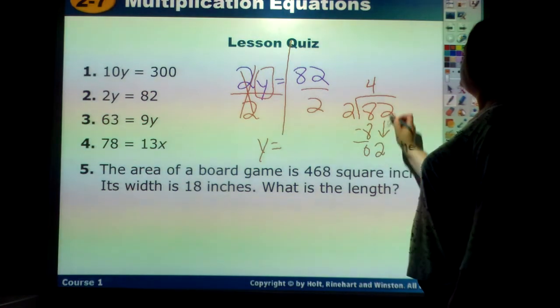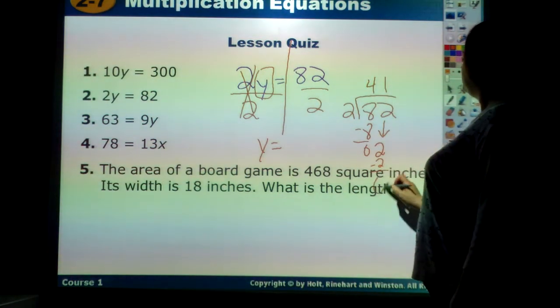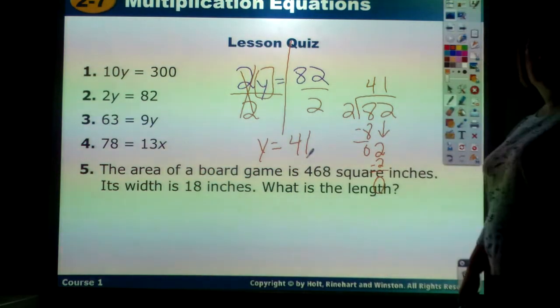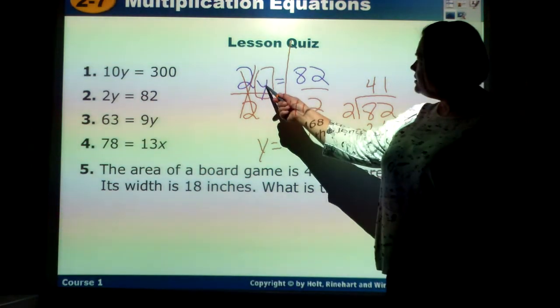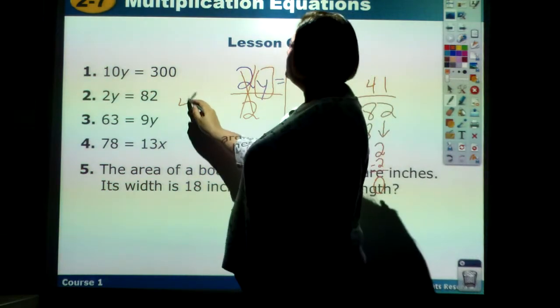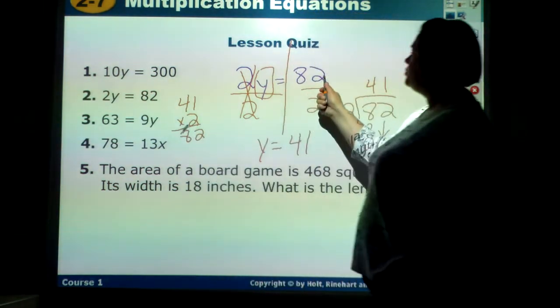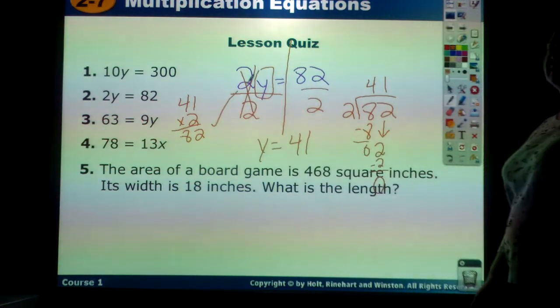Bring that 2 down. So y equals 41. To check my answer, I put 41 in the place of y. 41 times 2 is 82, which was my solution there. So yes, that checks out.